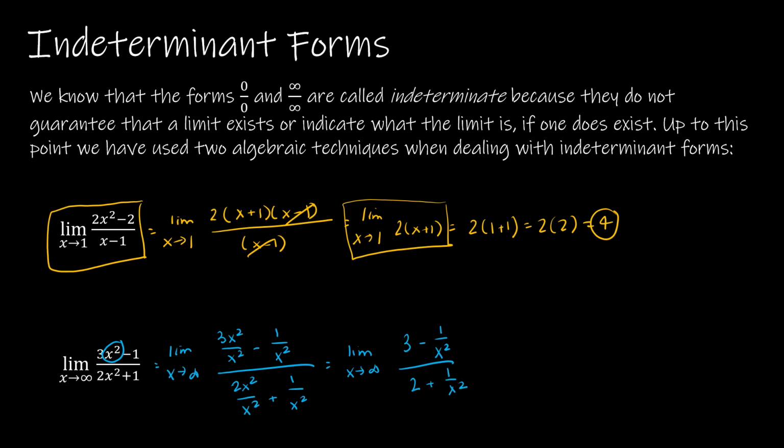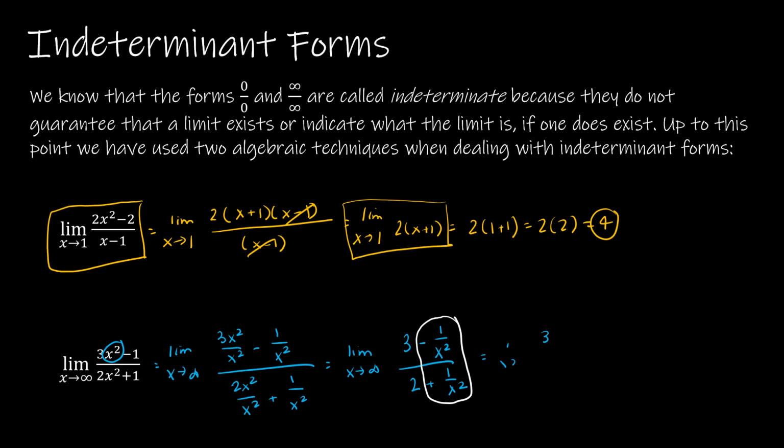Now we know what's going to happen here. As I approach infinity, 1 divided by x squared and 1 divided by x squared are both going to approach 0. So now I just have the limit as x approaches infinity of 3 divided by 2, which is just 3 halves.